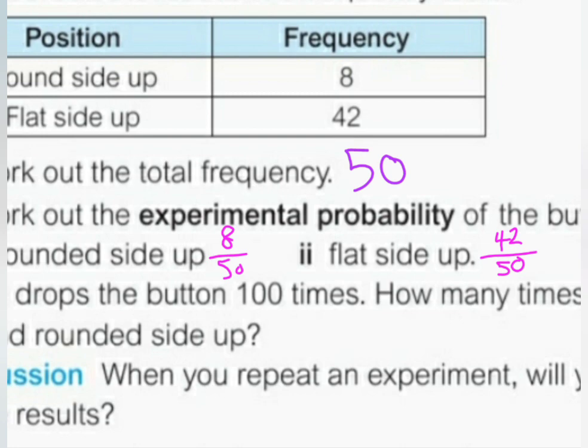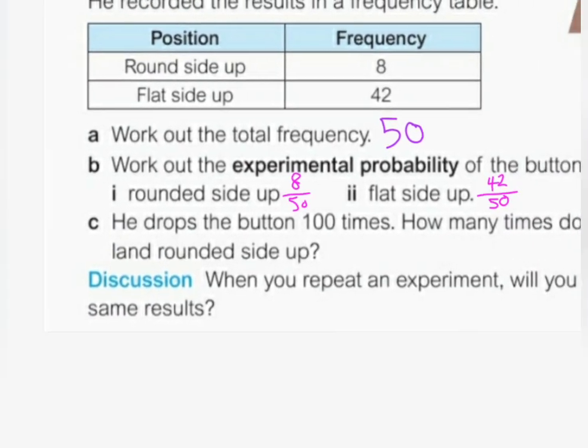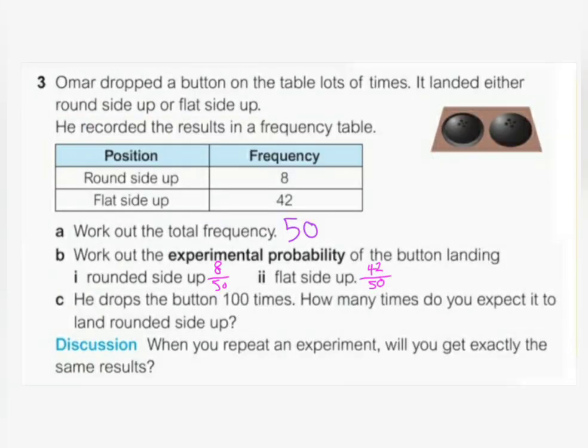Now, let's take a look at the next question. Question C. He drops the button 100 times. How many times do you expect it to land round side up? Now, we're going to use these relative frequencies and answer questions like this. In the question he said he dropped it 100 times.